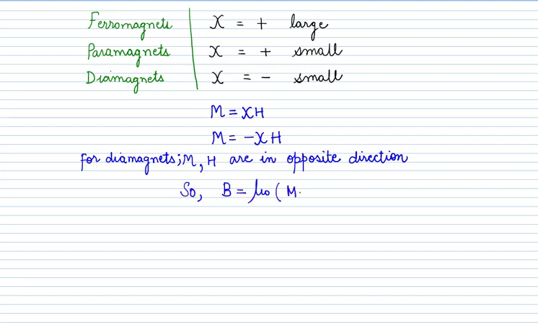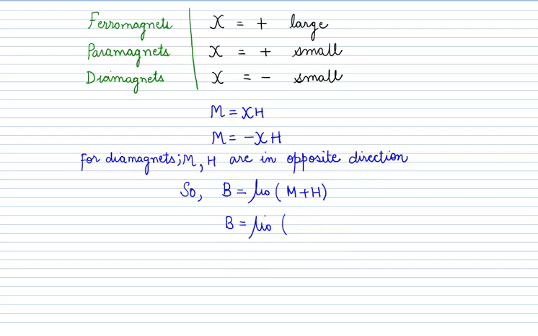So the formula is B = mu naught (M + H). We can substitute M is equal to xi H. We can write B is equal to mu naught xi H plus H. So B is equal to mu naught, H we can take as common, so this is 1 plus xi.